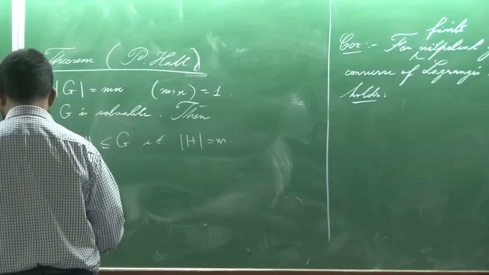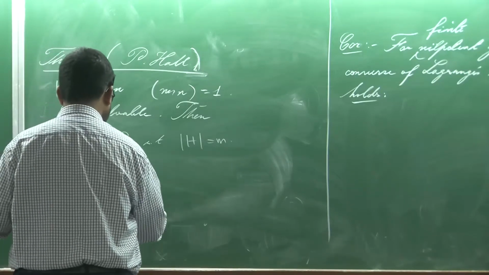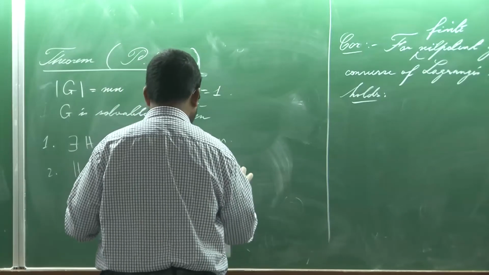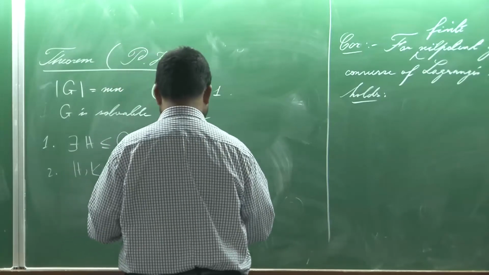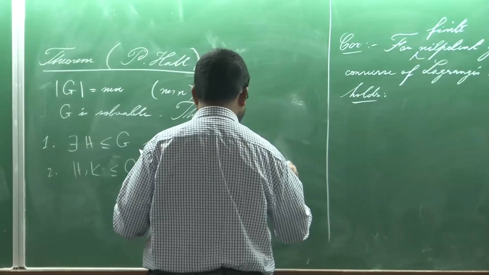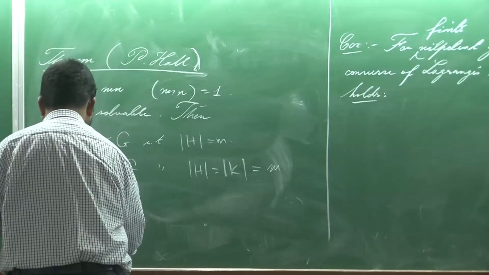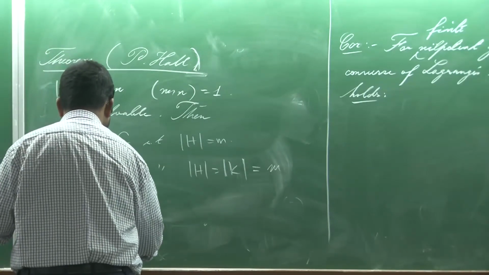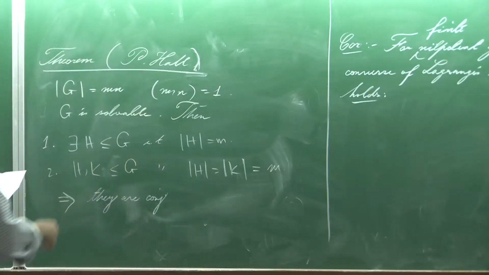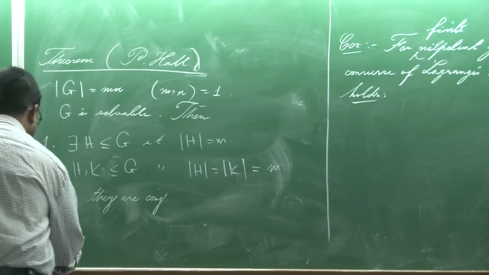Next, if H and K are two subgroups of G such that the order of H and the order of K are both n, then they are conjugate. Okay. So you can see these are the extensions of the first and third theorems of Sylow for solvable groups.